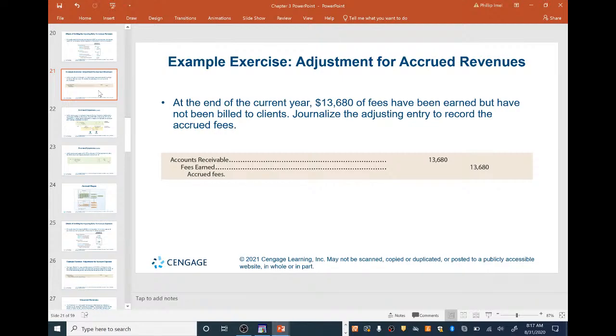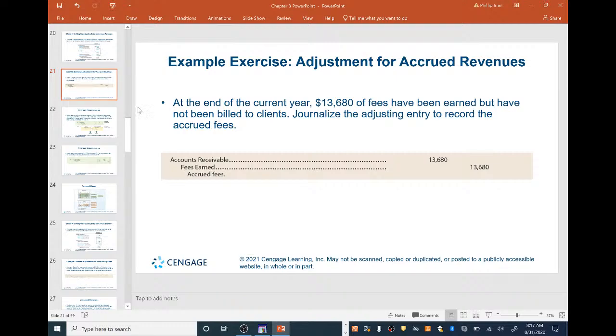Okay, so example exercise, adjustment for accrued revenues. At the end of the current year, $13,680 of fees have been earned but have not been billed to clients. Journalize the adjusting entry to record the accrued fees, okay? So obviously it says here at the end of the current year, the fees earned are $13,680.